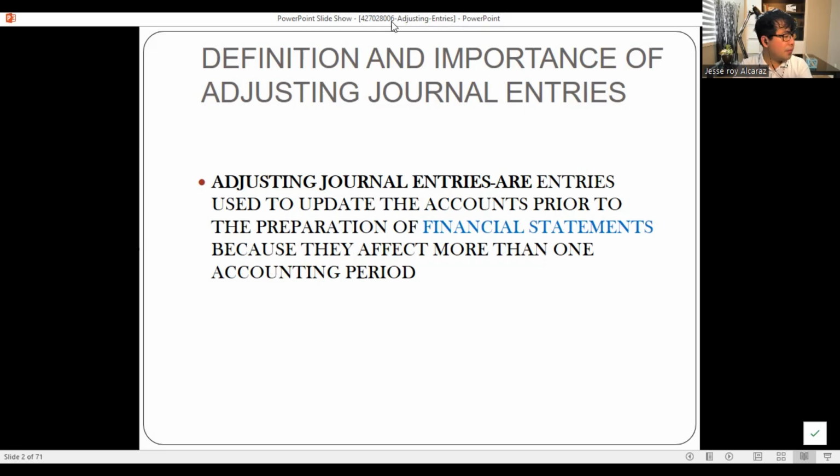Think of a list. Let's say you wrote down 10,000 pesos for sales. Then you realize that it is not 10,000 pesos, it's only 9,000 pesos.